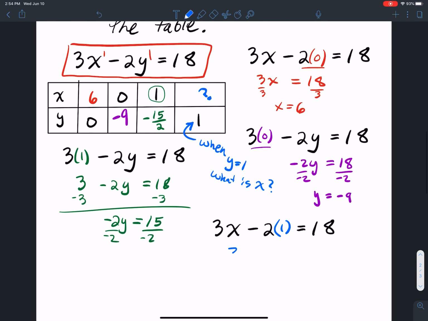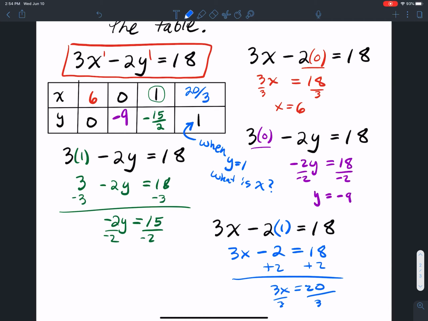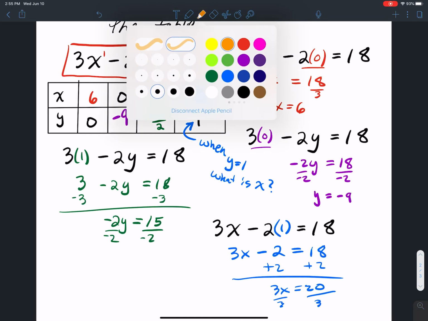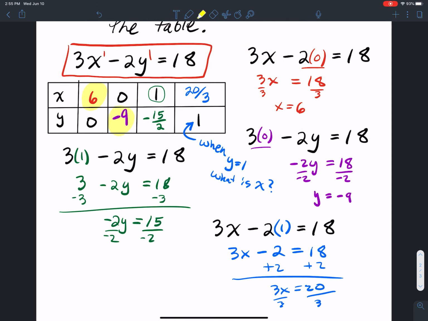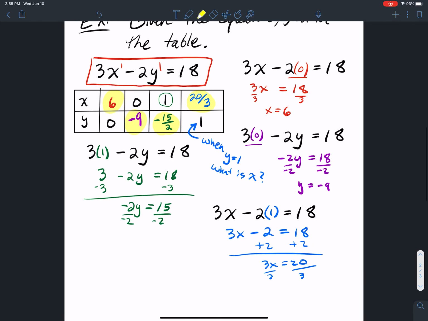When I do that, I get 3x minus 2 equals 18. Add 2. Get 3x equals 20. Divide by 3. Once again, I get a fraction. So x is equal to 20 divided by 3. That's how you fill in that table.